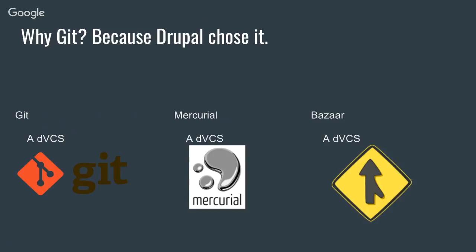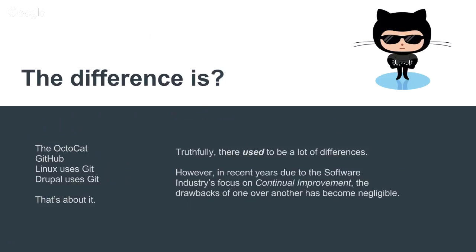All right, so the biggest difference is there used to be a lot of differences. For example, I think Git wasn't as good with storing large binary files. Bazaar did better back then. Mercurial was better for, I want to say, branches of branches back then.